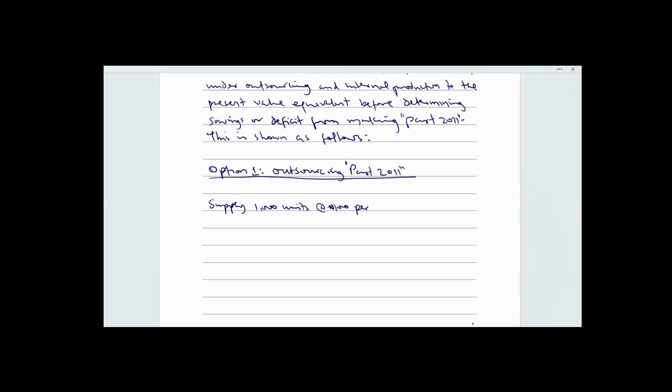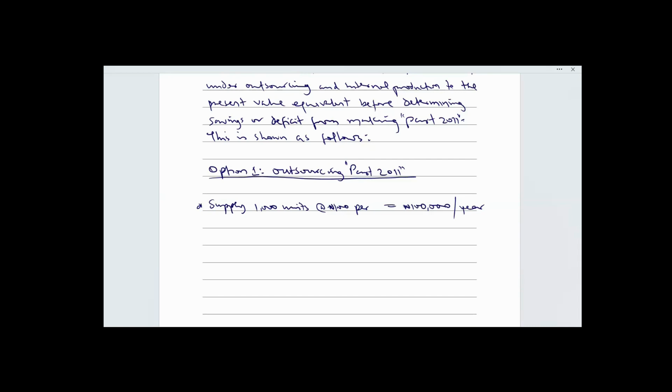So I will then multiply 100 Naira by 1,000 units, which will give us 100,000 Naira. So the supply cost of 1,000 units is 100,000 Naira per annum. What I mean is that if the period of this contract is more than 1 year, we need to discount it based on the number of years that you have. So that's number one information we have gotten under outsourcing.